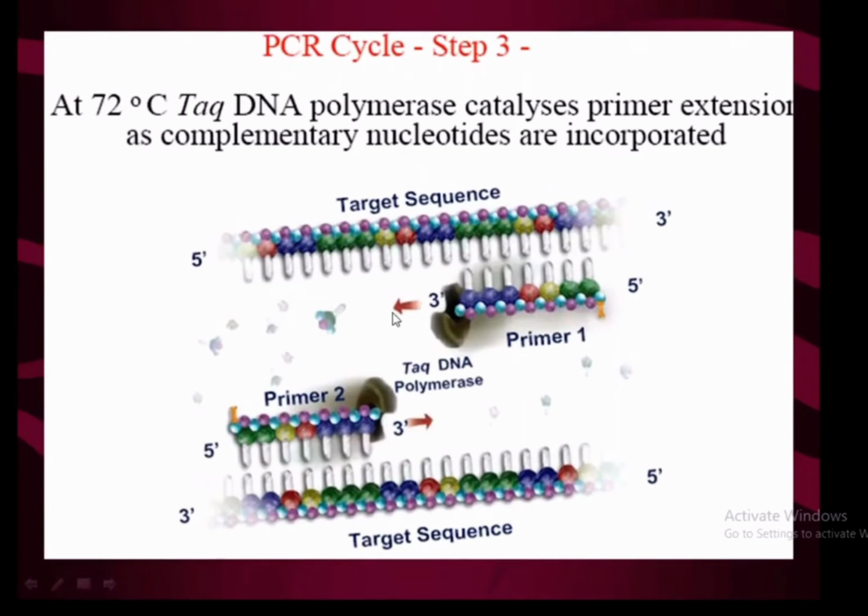Then comes the action of Taq polymerase, which helps in extension. This step is called extension, and the complementary DNA segment is formed with the help of complementary nucleotides that are being incorporated into the corresponding strand.